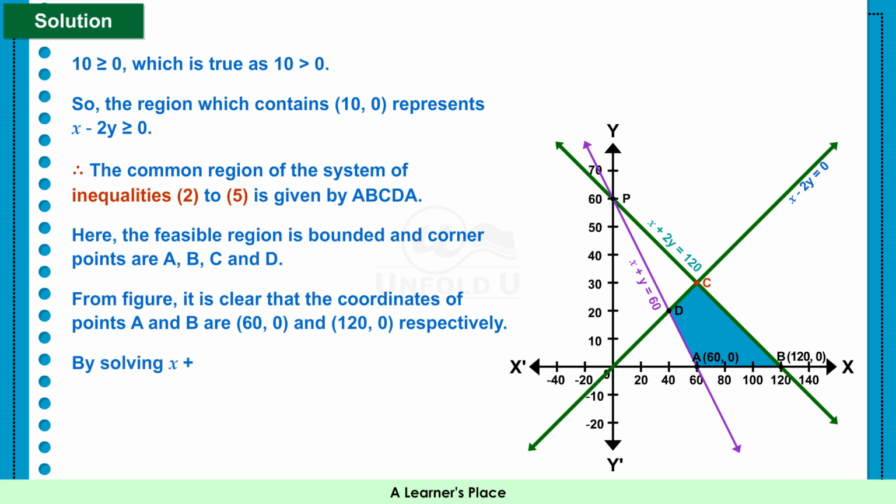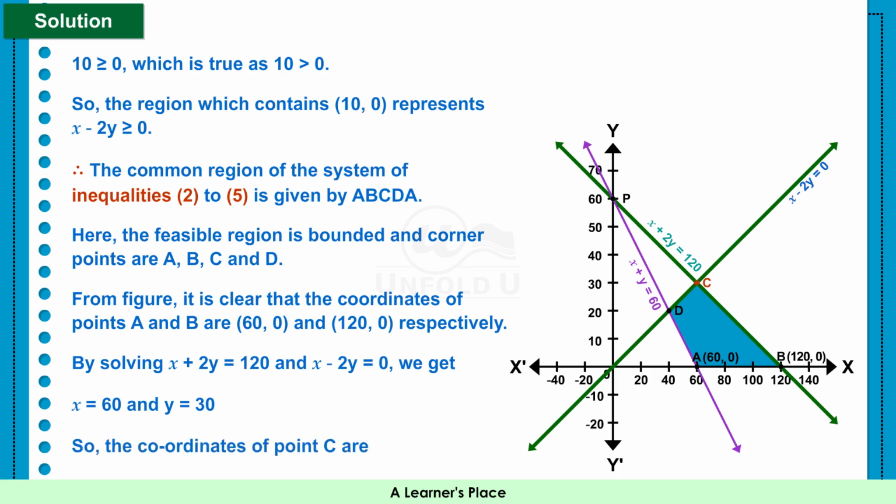By solving x plus 2y is equal to 120 and x minus 2y is equal to 0, we get x is equal to 60 and y is equal to 30. So, the coordinates of point C are (60, 30).